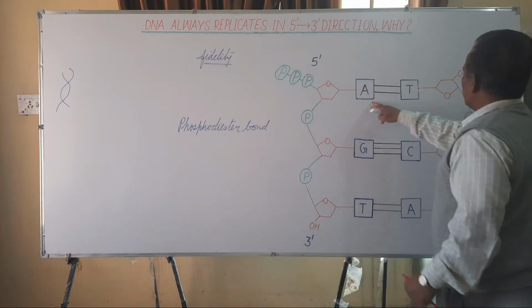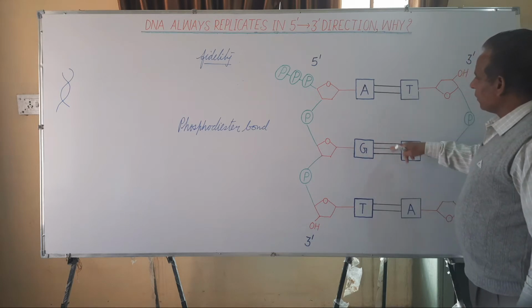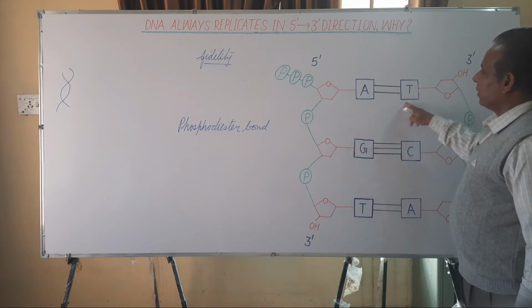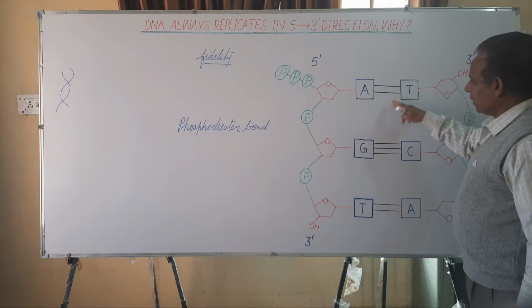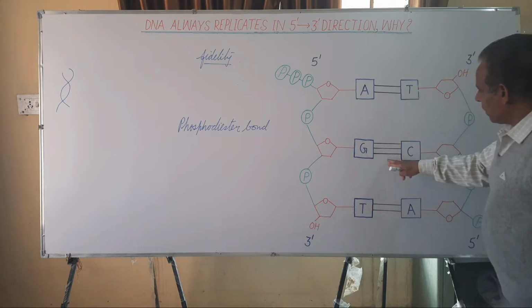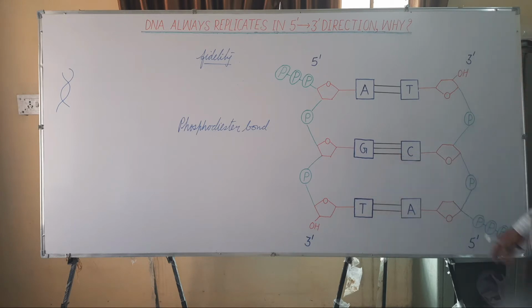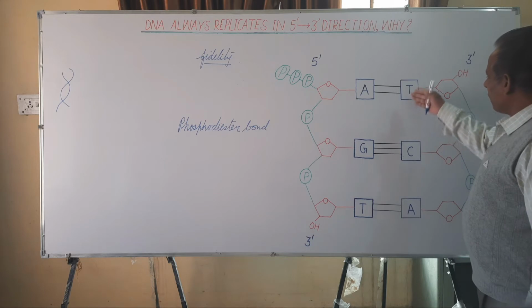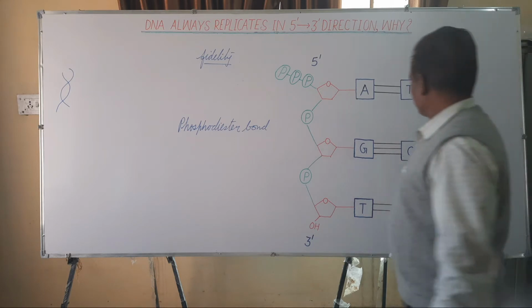Both chains of the DNA are held together by hydrogen bonding between the nitrogenous bases. Adenine always base pairs with thymine by 2 hydrogen bonds, and guanine always base pairs with cytosine by 3 hydrogen bonds.